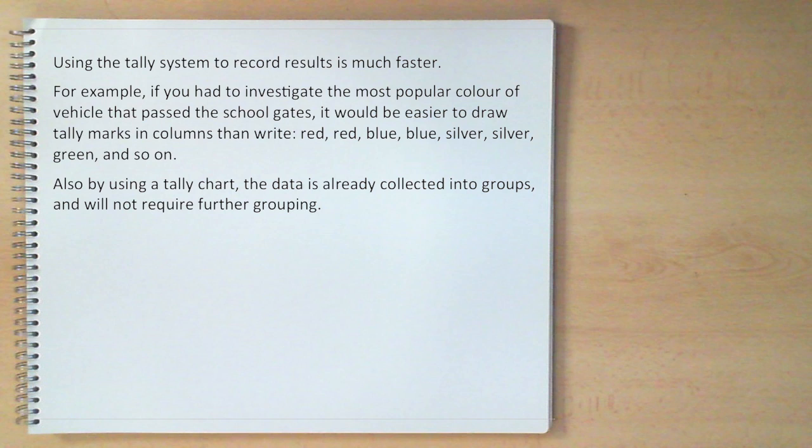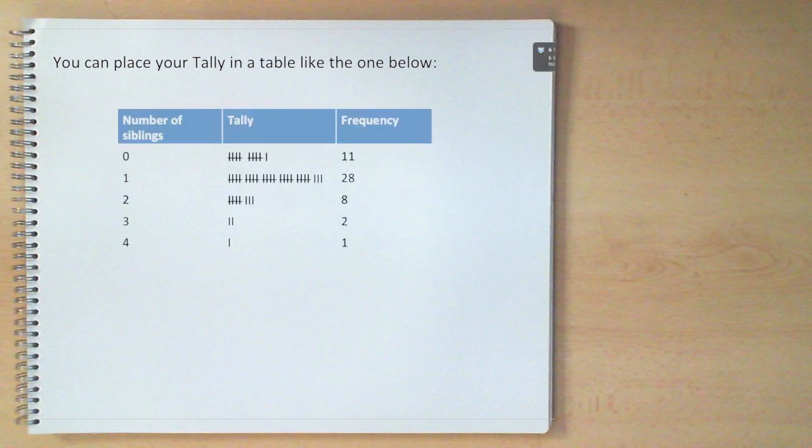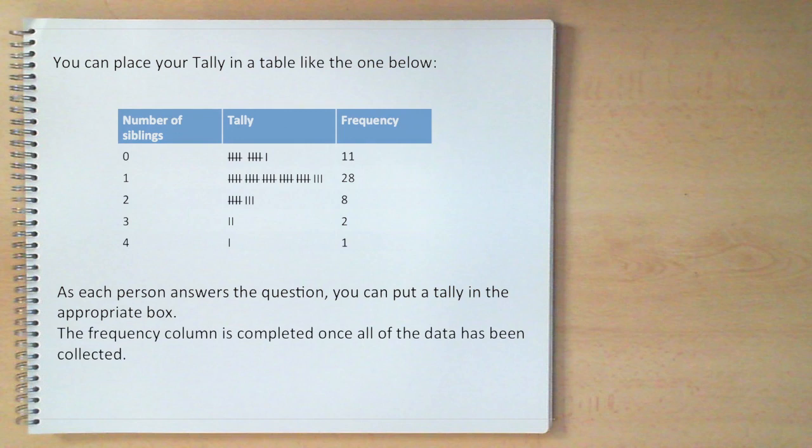We would take our tally marks and transfer them into a table, and we would make this table a little bit more presentable than the tally chart. So we take the number of siblings in the first column there, we put the tally marks in the second column, and then we can very quickly write down the numbers that those tallies represent, because we can count up the 5s very quickly, and then obviously the units help us to do that.